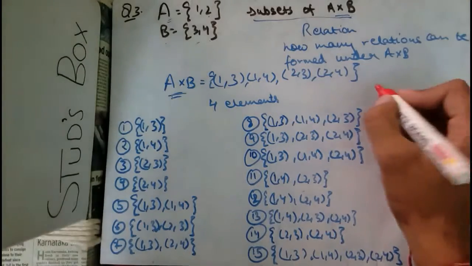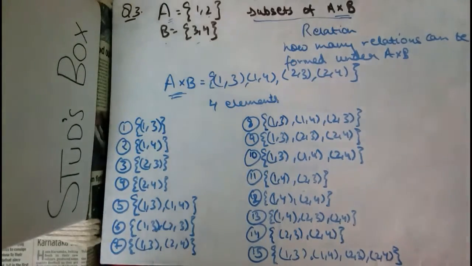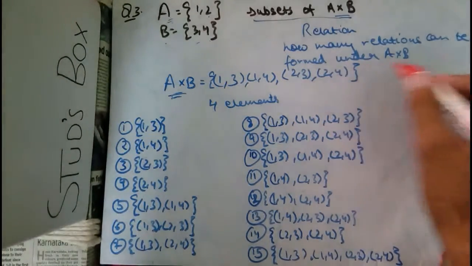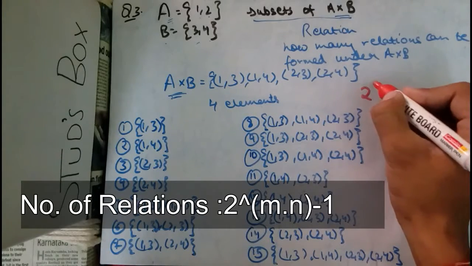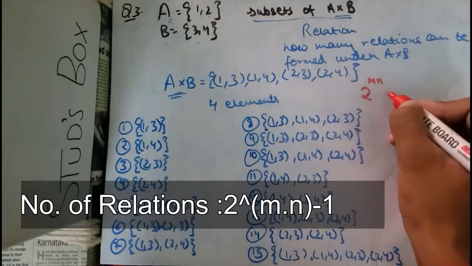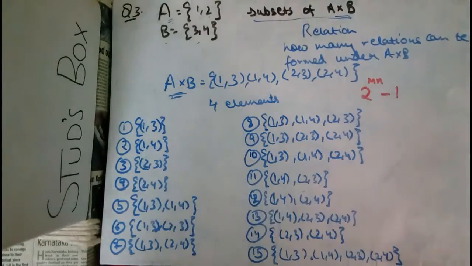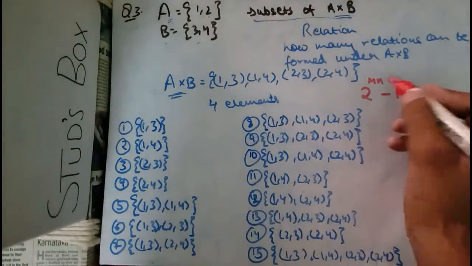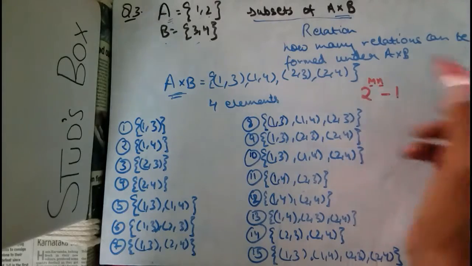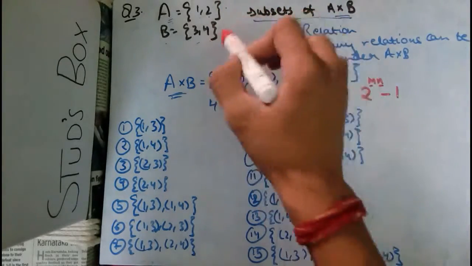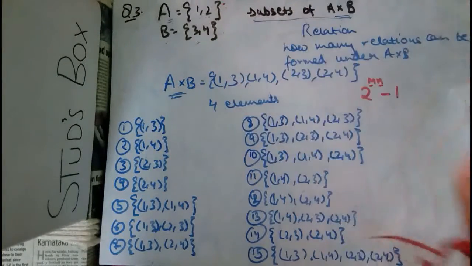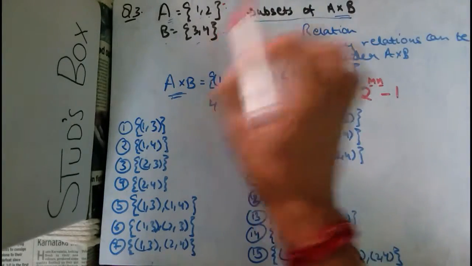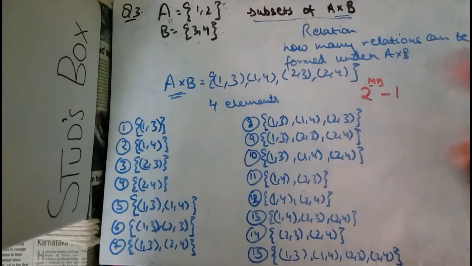The formula to find how many relations can be formed under A cross B is 2 to the power mn minus 1. Here m and n are the number of elements in A and B, or you can say the number of elements in A is m and in B is n, and vice versa.